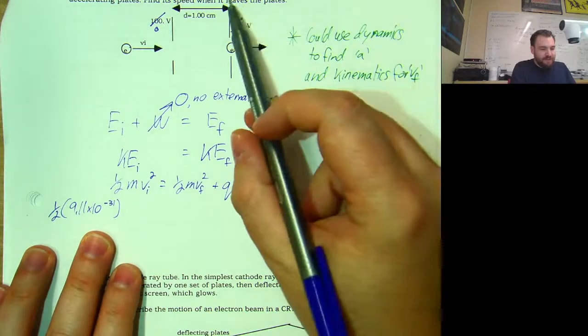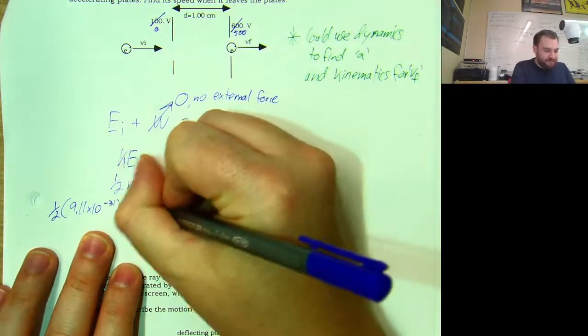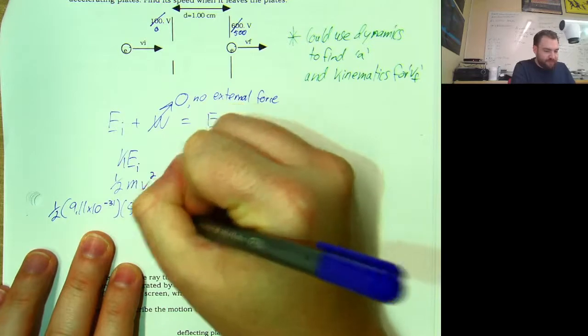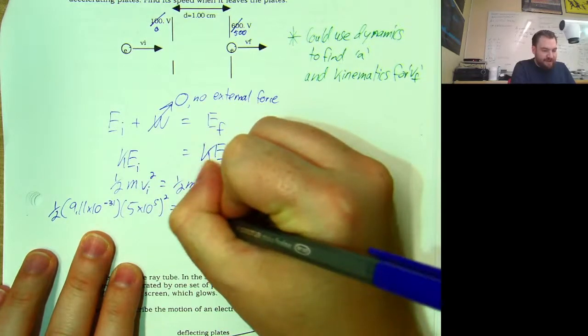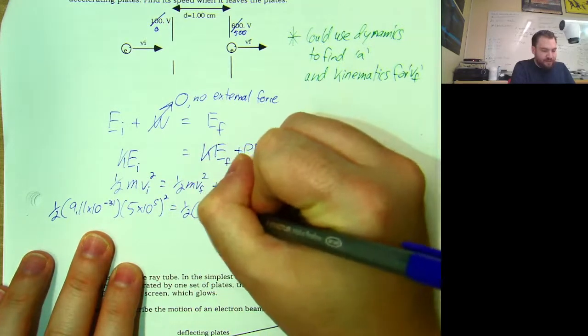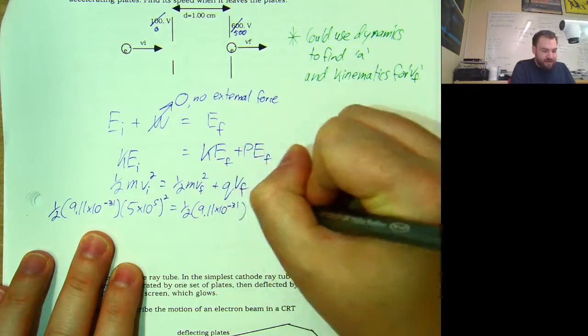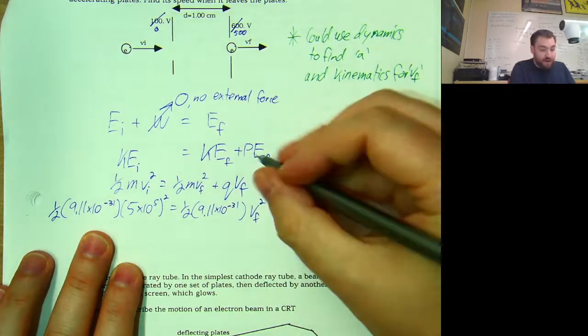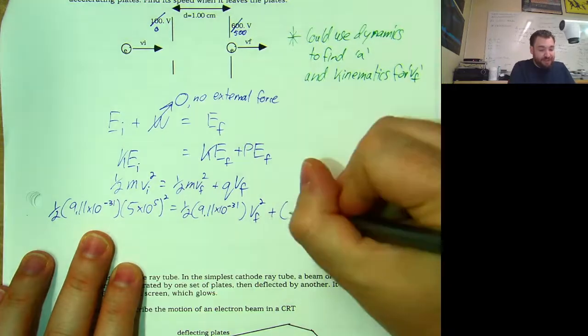Initial velocity we're given is 5 times 10 to the 5. We're going to square that, and that's going to equal 1/2 9.11 times 10 to the negative 31 VF squared, which is what we want, plus, it's an electron, so it's negative.